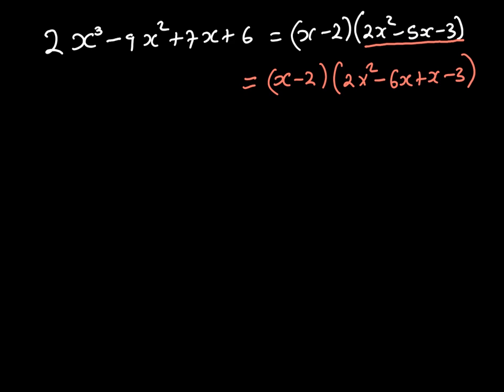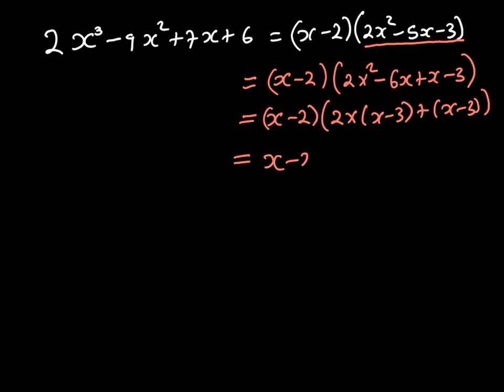Okay, and if you really know what you're doing, this is x minus 2 into 2x times x minus 3 plus x minus 3. So the final answer is x minus 2 into 2x plus 1 into x minus 3.